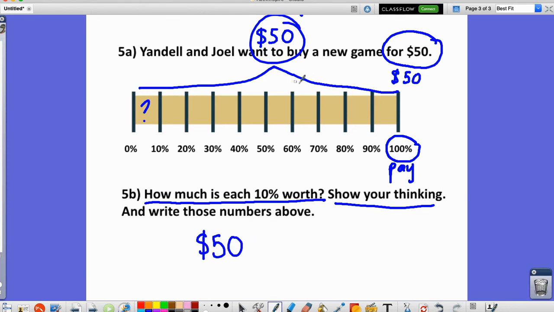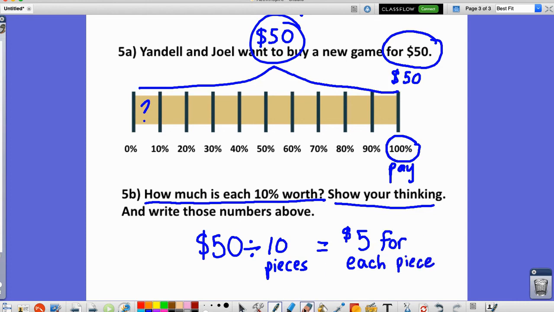Well, we said the whole bar is 50 and it's cut into 10 parts. Anytime we're thinking about cutting, that's division. Okay, so that's dividing. And it's cut into 10 pieces. And so what you're going to find out is how many 10s go into 50? Well, it's 5. Okay, so each small piece is $5.